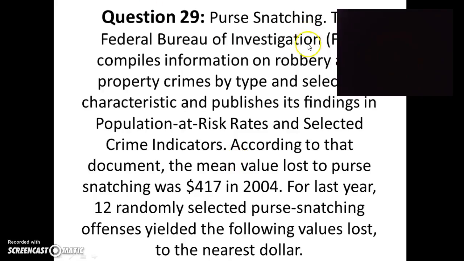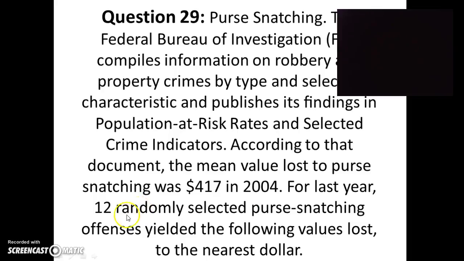Question 29, purse snatching. The Federal Bureau of Investigation compiles information on robbery and property crimes by type and selected characteristics and publishes its findings. According to that document, the mean value lost to purse snatching was $417 in 2004.